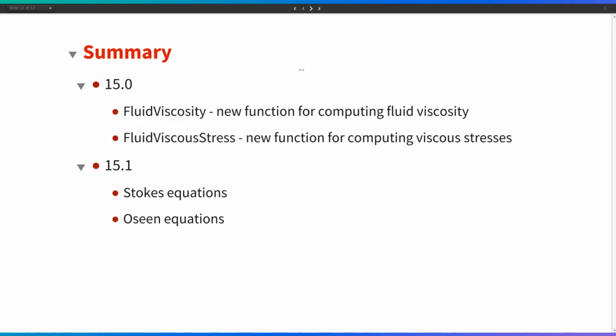And if you would like to see something more difficult, coming from real life, then we plan to update the cerebral aneurysm example with those two functions, which will utilize them to predict the rupture site. In the version 15.1, we plan to add the Stokes equations and Oseen equations.